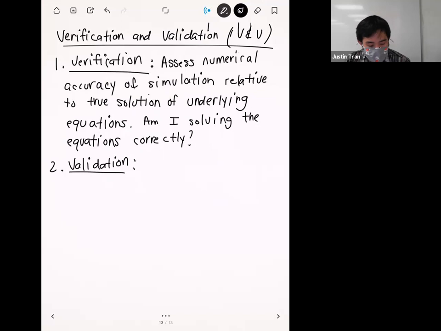On the other side, we have validation. Validation is an assessment of the accuracy of the mathematical model relative to the observations in nature.